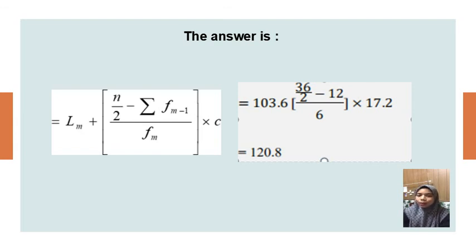The answer is 120.8. So the median of the labor force in Malaysia is 120.8 in bracket 1000.